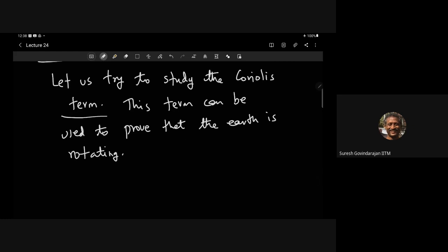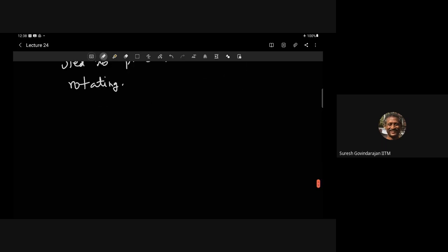So let us, okay, there is a nice way of doing that, and it's called the Foucault pendulum. Let me get the spelling right.